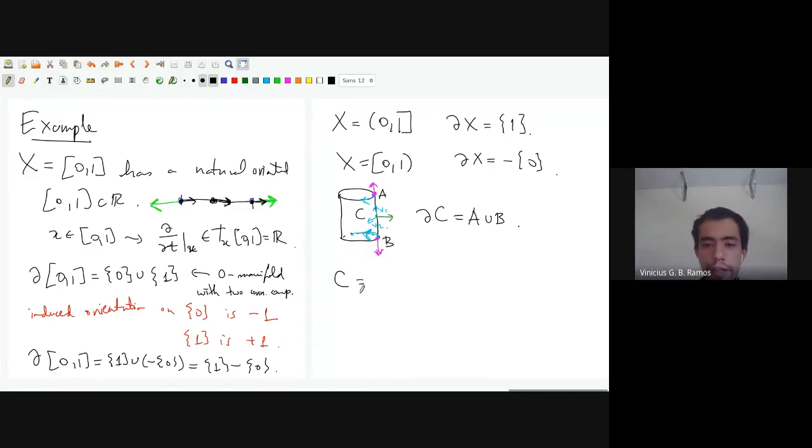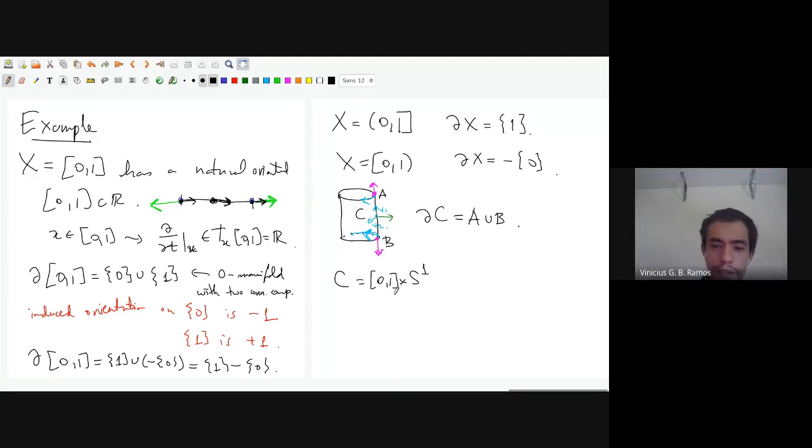Another way to say this, maybe that's kind of what you want to see. You can think of C as the product of the interval [0, 1] with S1. And if you have a product of two manifolds, and each of the two has an orientation, then the product has an induced orientation.